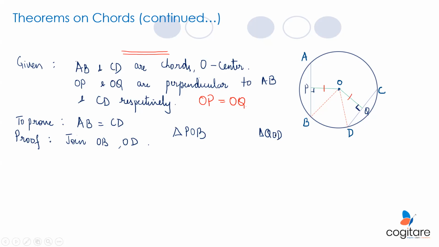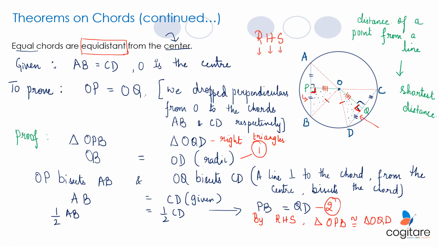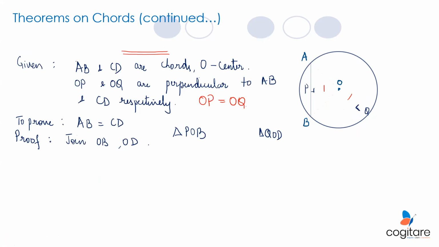Let me just check if I mentioned it correctly in the previous slide. Okay, that's right. Let's bring it back. So here we know that OP is equal to OQ, right guys? Because it is given. These two are the radii as usual.